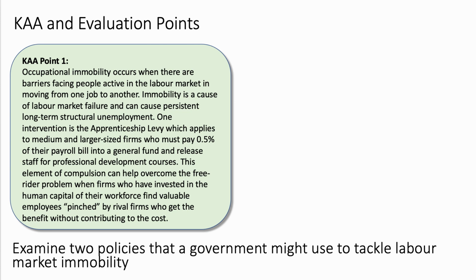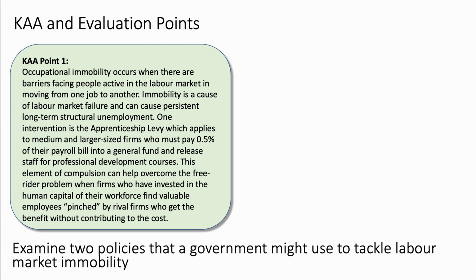And the aim of the apprenticeship levy is to provide a degree of compulsion, first of all, to increase funding for training and education and improve professional development, but also to provide a degree of compulsion, because oftentimes firms are very happy to take workers who've been trained by somebody else without necessarily making a contribution to the cost of that. So this is hoping to overcome what economists call the free rider problem.